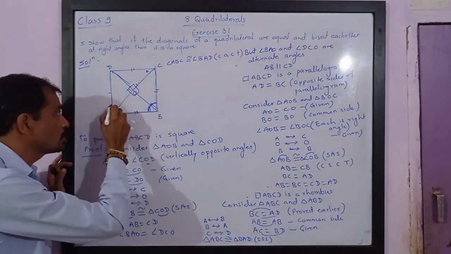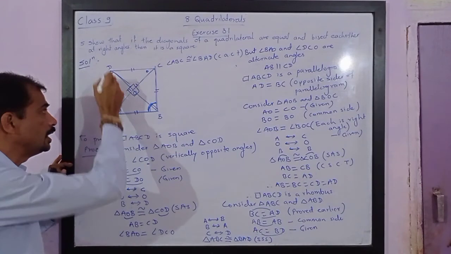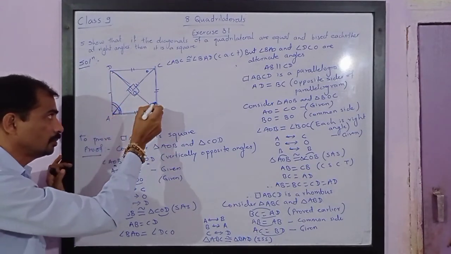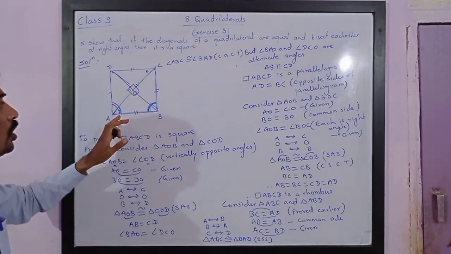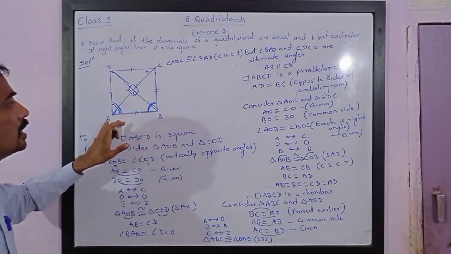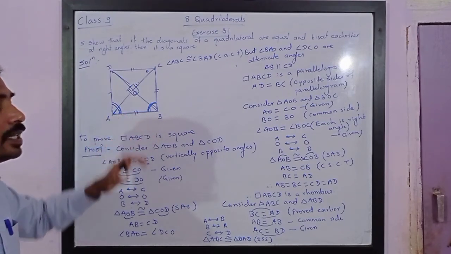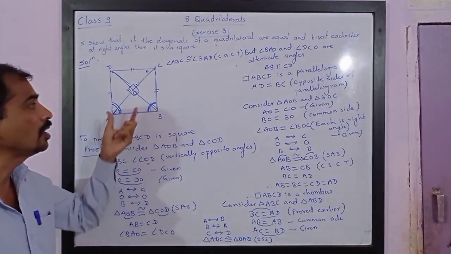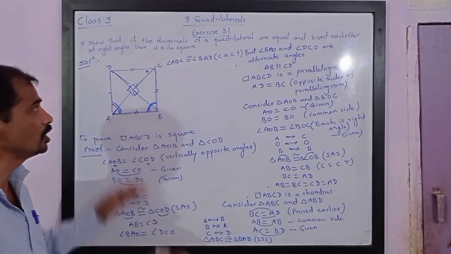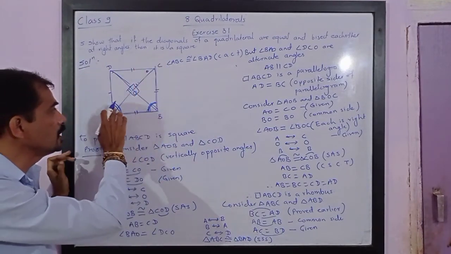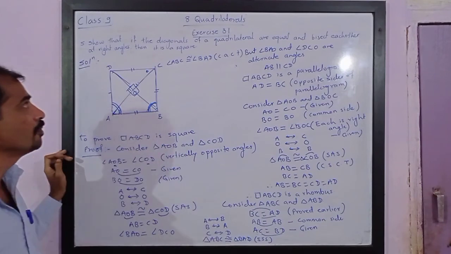This angle is congruent to BAD, this angle. Please note, they are adjacent angles, and adjacent angles of a parallelogram are supplementary. Because these two sides are parallel, it means they form interior pairs.